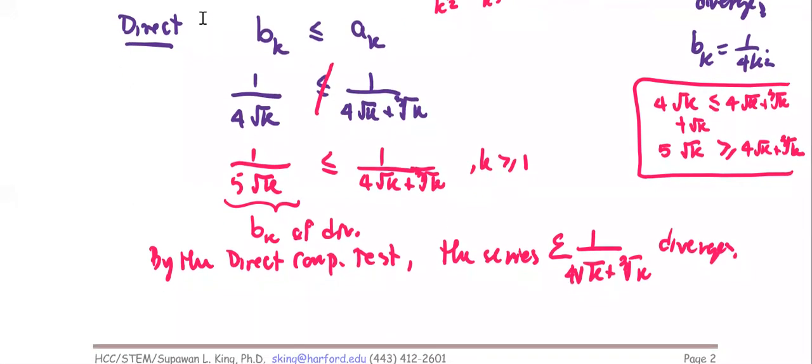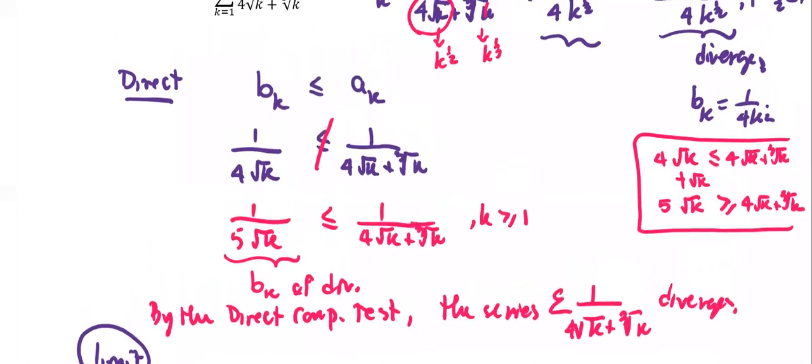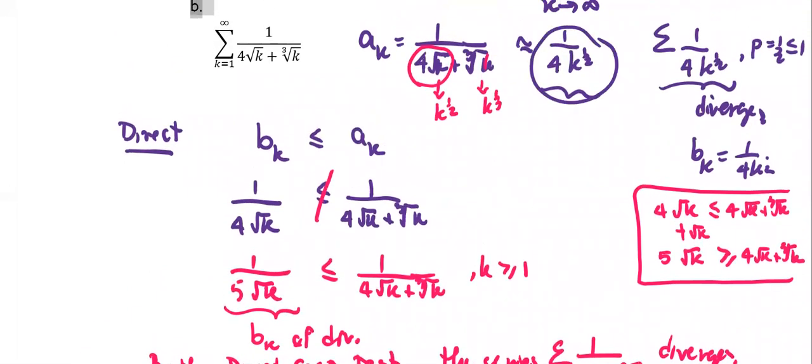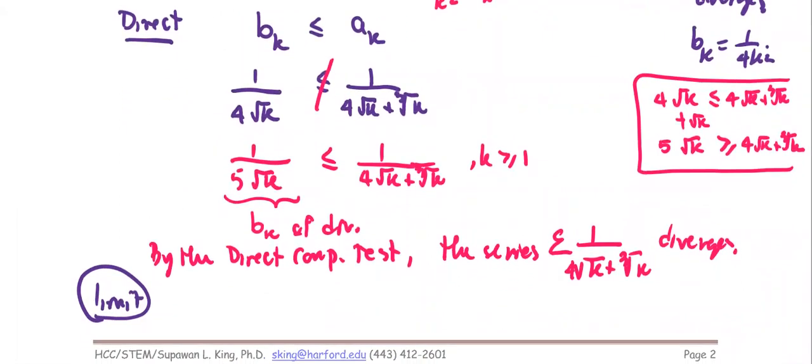It's more convenient to use the limit comparison test since we get the leading term of a_k as k approaches infinity to be 1 over 4 times k to the power 1/2. So we use b_k as 1 over 4 times the square root of k.